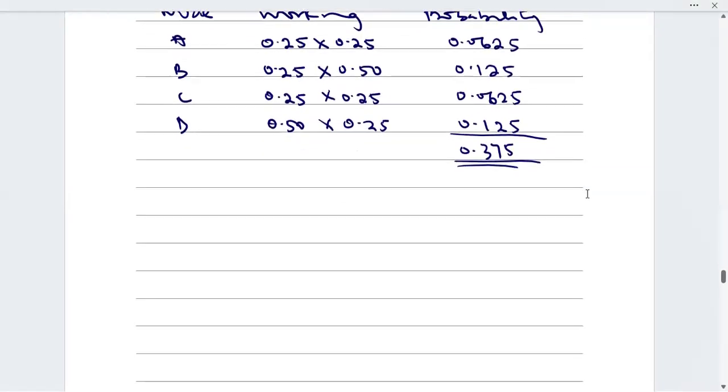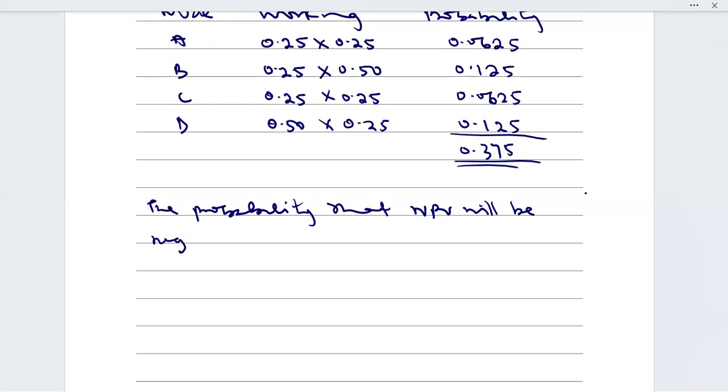Therefore, the probability that NPV will be negative is 37.5%. That's the end of the question.